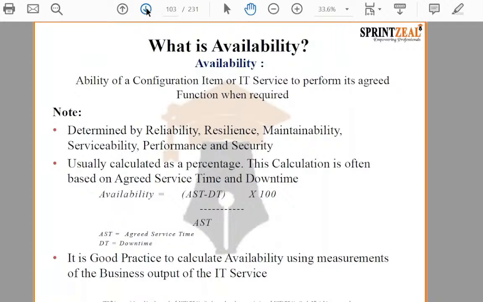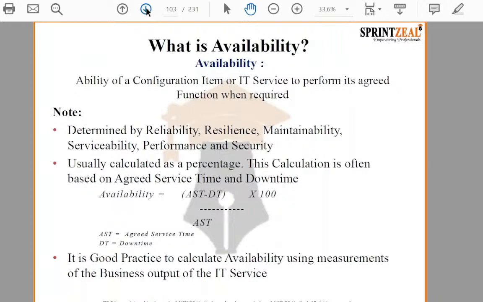So Sprintzeal said that their website was available 98% of the time. And so the time that I logged in and it was not available, I would call and say, hey, your website is down. And so what their system should be able to do prior to me even calling is identify at what point did the website go down and then track that time until the moment it comes back up.